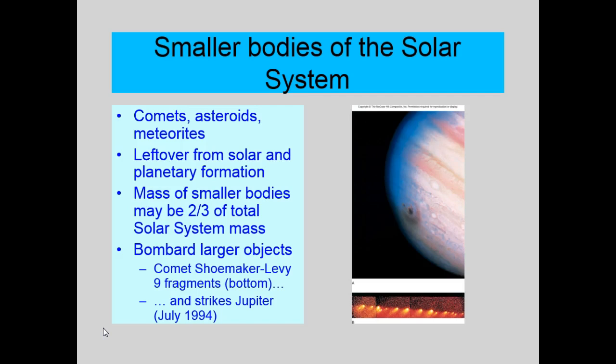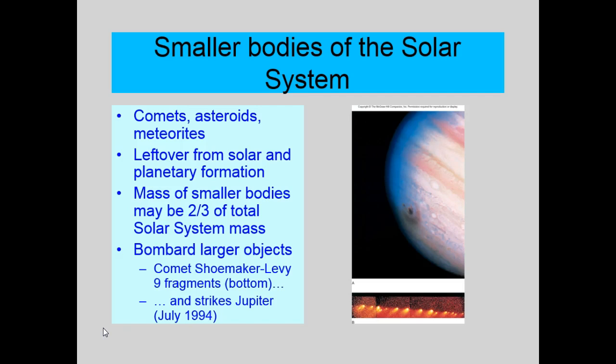Not the sun, not the 8 planets, not even the dwarf planets, though we'll get maybe a little bit into that, and not even the moons around the planets. These are the smaller bodies of the solar system that are out there.